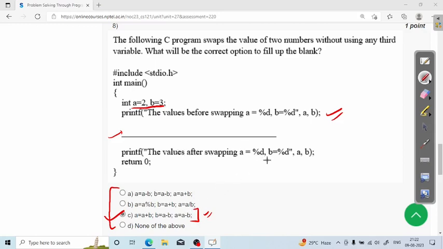And after that, when you print the value of a and b, it will be completely reversed. Meaning in the first printf we'll get 2 and 3 as the answer, whereas in the second printf we'll get the value of a as 3 and the value of b as 2. Okay, so just try to execute this expression which I have taken here, that is option C, and you will observe that we are getting the output.